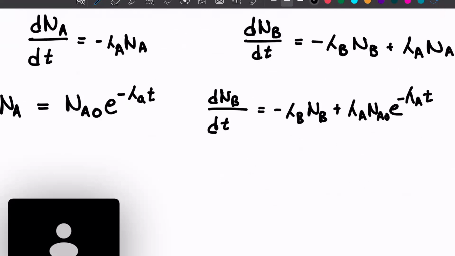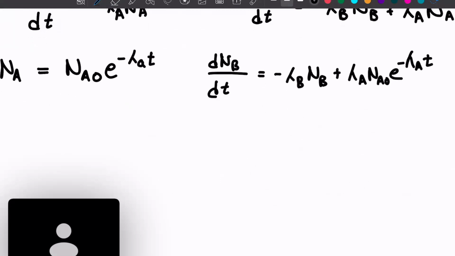And integrating factor is quite nice. So what you do is, firstly, you push all the N_B and the N_B dot to one side, and then there's the rest of the terms here.